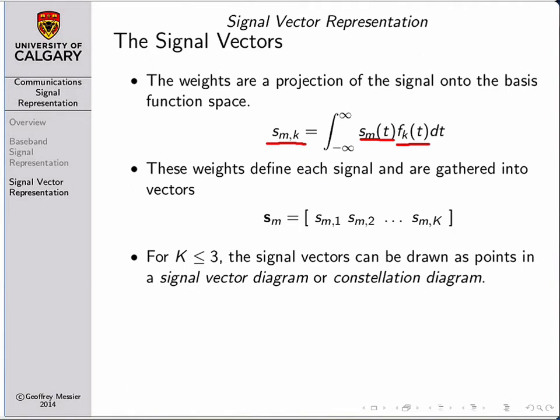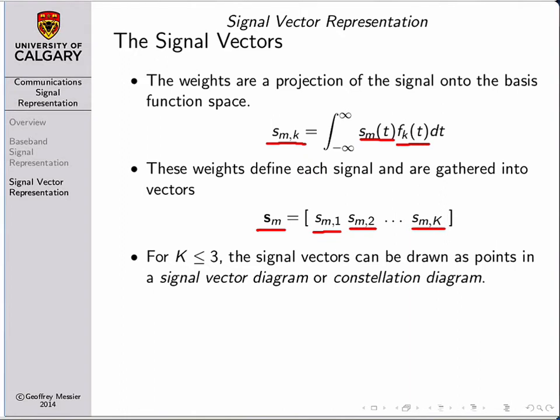And so since it's the weights that really determine each unique signal, what we do is we take the weights and we gather them into what's known as a signal vector. And so this would be the signal vector for signal Sm of t. And we basically just put whatever signal weight it needs for the first basis function signal, whatever signal weight it needs for the second basis function signal, all the way up to k.